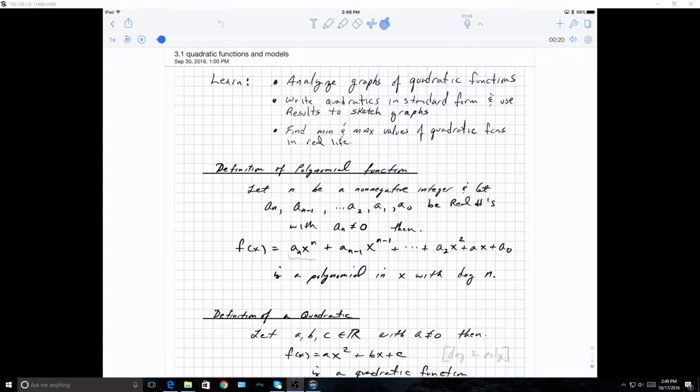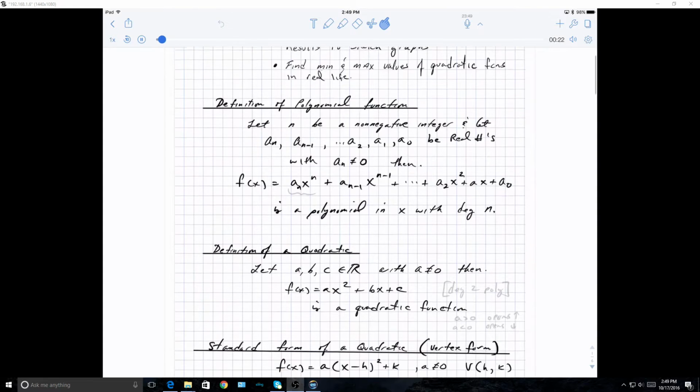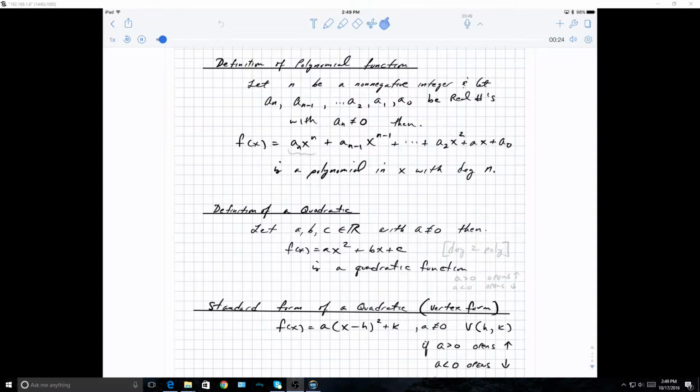Okay. So the definition of a polynomial, as stated before, we've stated this a few times, but we'll let n be a non-negative integer and let a sub n, a sub n minus 1, all the way to a sub 0 be real numbers with a sub n not being equal to 0.